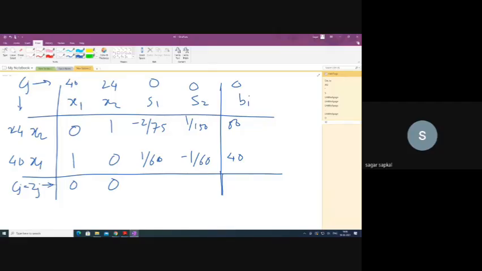Now you have to calculate these values Cj minus Zj below S1 and S2. Even X1 and X2 also you have to calculate, but it will come 0 if you calculate it. For calculating this you have to first find out Zj, and then find out Cj minus Zj, so that Cj minus Zj can be easily written.